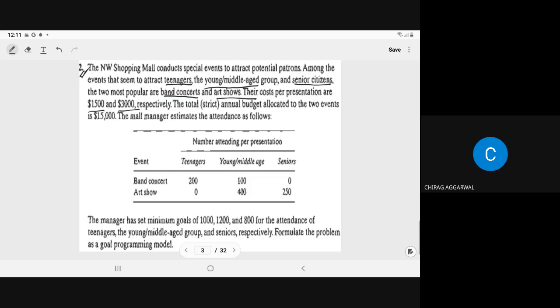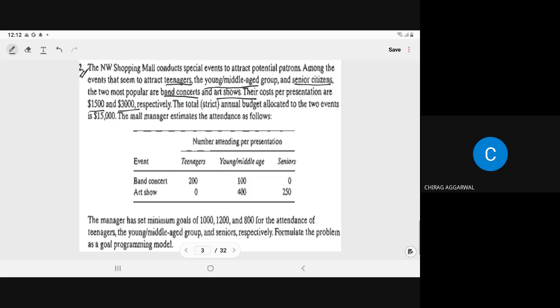When we talk about a budget, when we have to invest something, it is not necessary that we always invest the whole amount. In the mid semester examination, there was one question where we had 1 million. It is not necessary to invest all the 1 million, right?